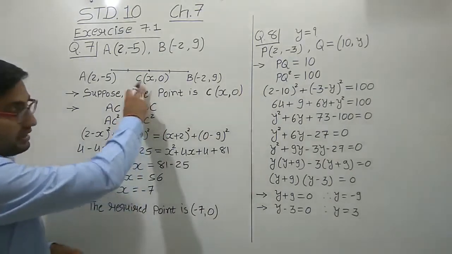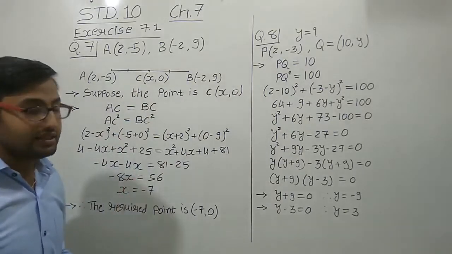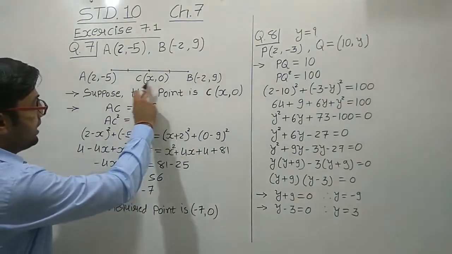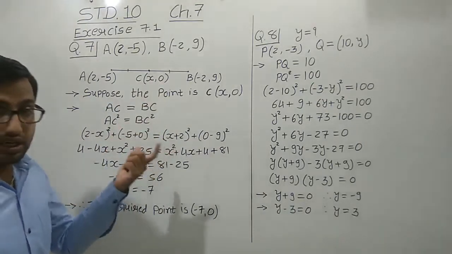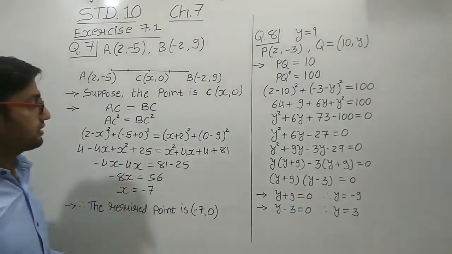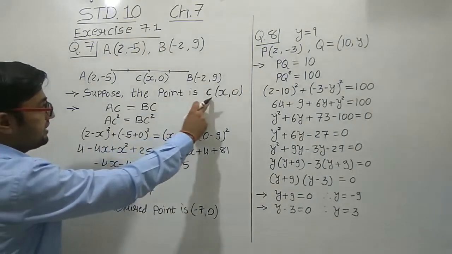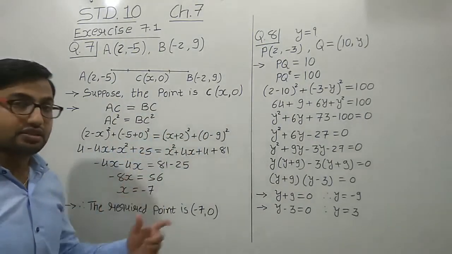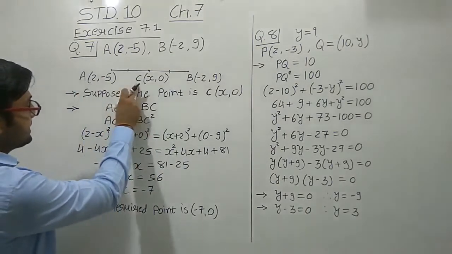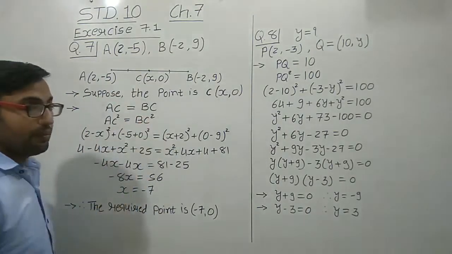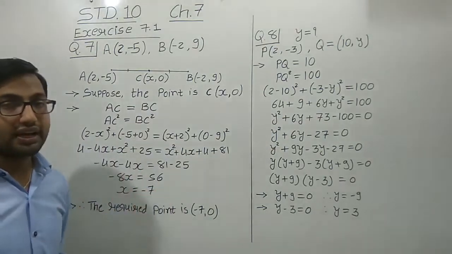Now this point is on the x-axis, that is why its coordinates are x and 0. Y coordinate is 0 because the point is on the x-axis. So let's suppose the point is C (x, 0). Now this is the given condition that the distance AC is equal to the distance BC. Both the distances are equal.